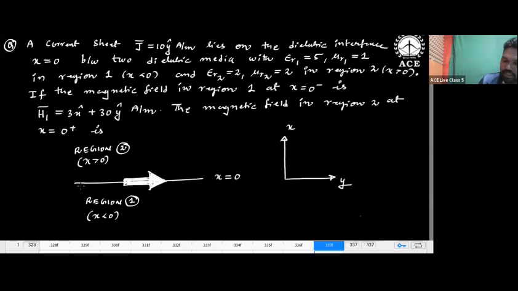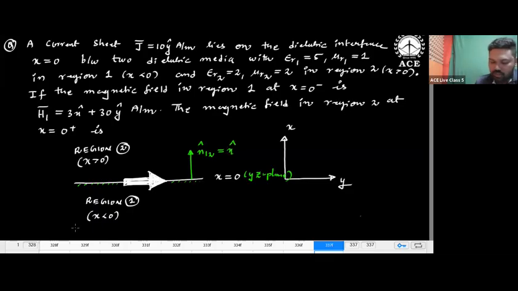Beta, see here, this is a media interface, x is equal to 0. What is the normal from medium 1? x is equal to 0 means the YZ plane. Y and Z are tangential components, and the normal here is x cap.